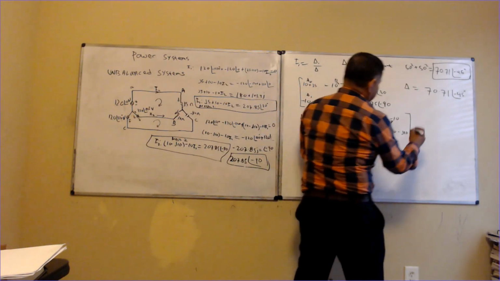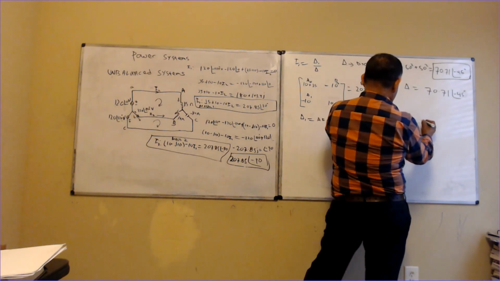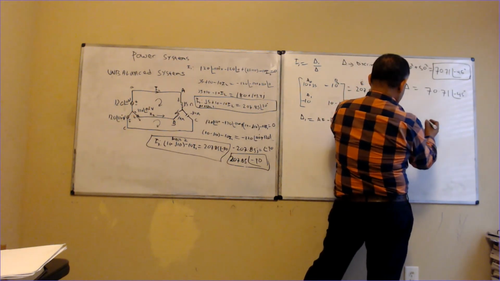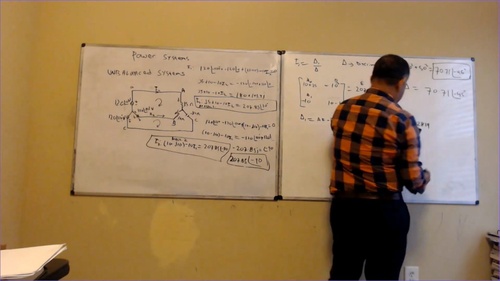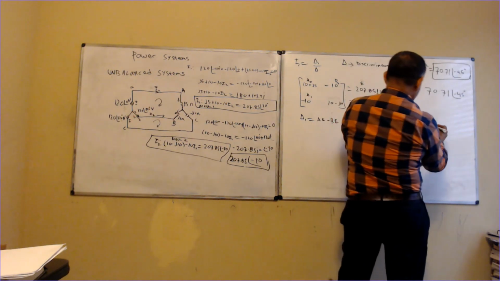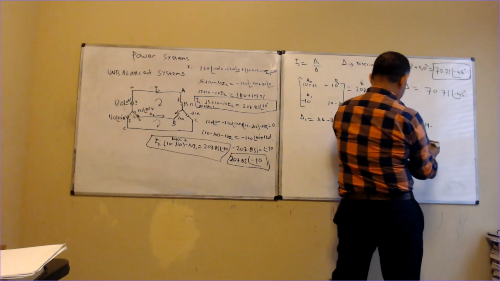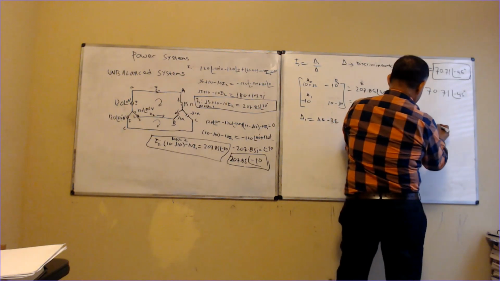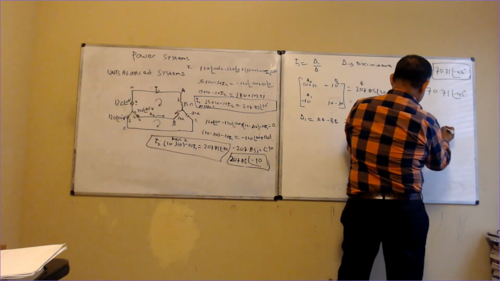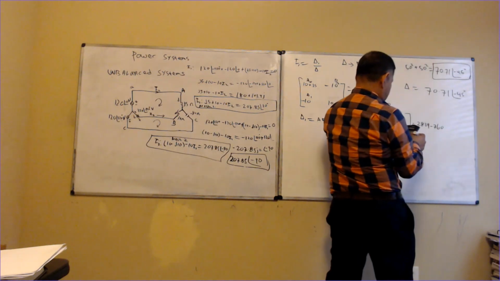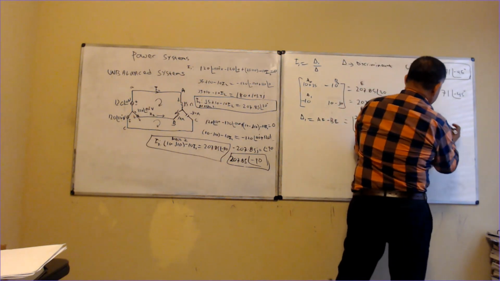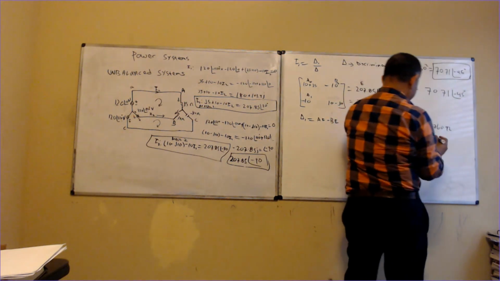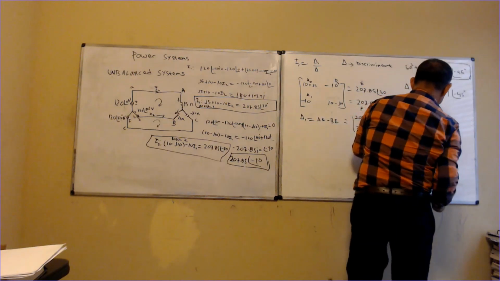And I got it that this one gave me 28, 29, right? And then minus 760. I think it's 0.92 J.